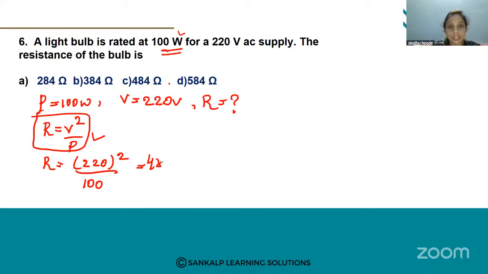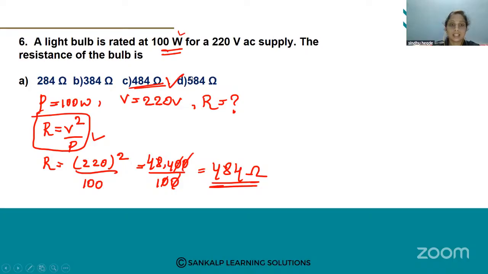That is 48,400, right? 48,400 divided by 100. What is the answer? 0 gets cancelled out and again 0 gets cancelled out. So 484 ohm. 484 ohm. So which one is correct? This option C answer is correct.